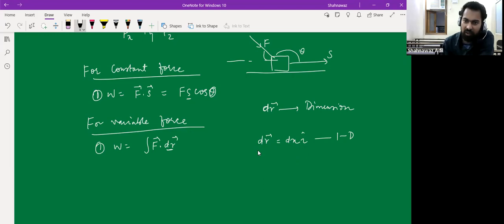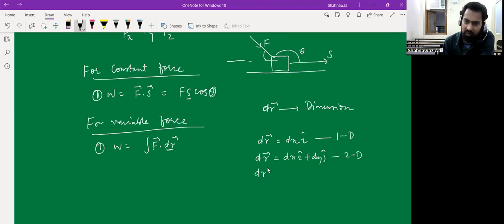And if the force is acting in two dimensions, then you have displacement in two dimensions, so dx i plus dy j. So this is in 2D.